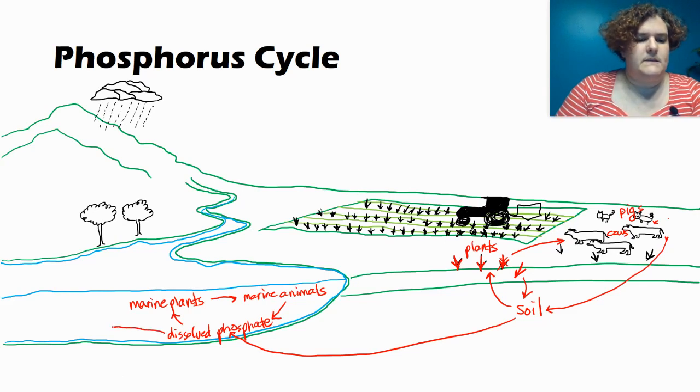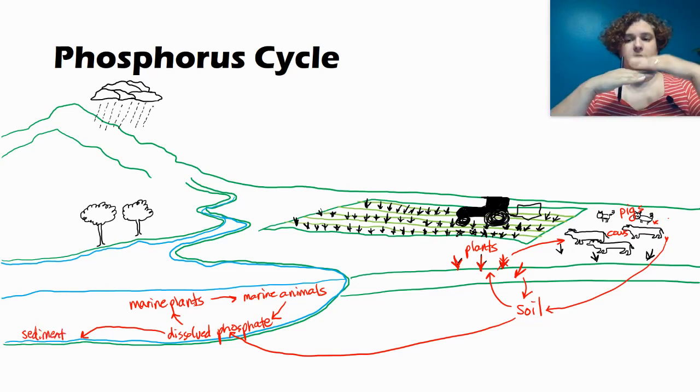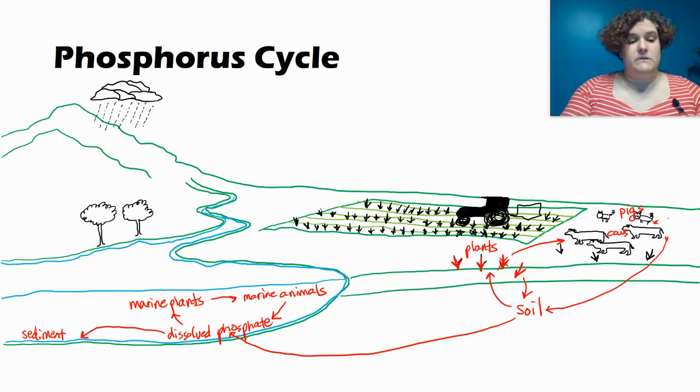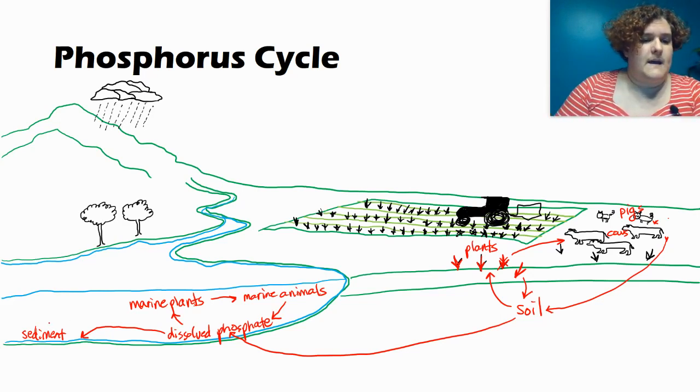Now, one of the things that happens in marine environments is sediment. And sediment builds layer after layer after layer and eventually turns into rock. And that's where our mountains come from. So sediment forms rock. We have rock formation.